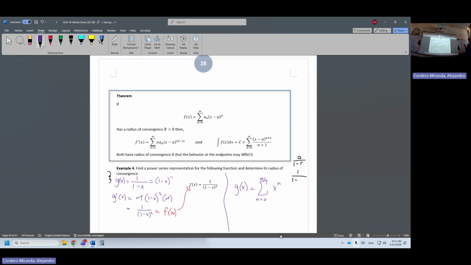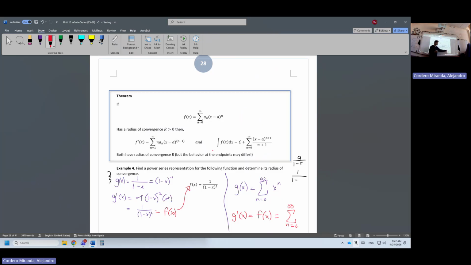And now here's my final point. We just agreed that if I took the derivative of g, I'd get f. Well, then let me take the derivative of this purple series, and then I'd get f. The first time you do this, it feels like cheating, but if you just think about the series written out, like 1 plus x squared plus x cubed plus x to the 4th, etc., then you can see why this is okay to do.